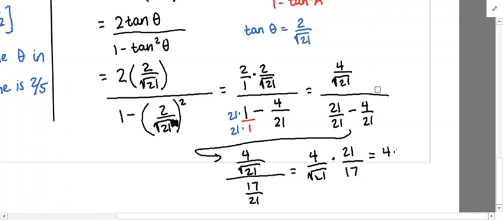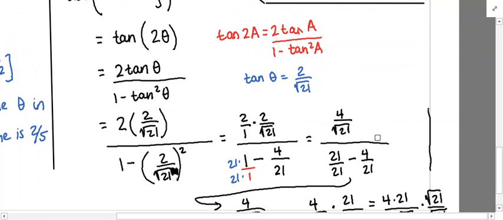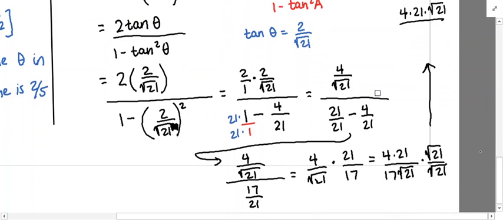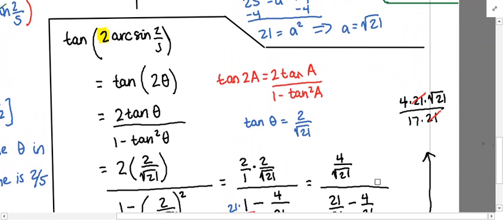We're going to get 4 times 21 over 17 times the square root of 21. We have to rationalize the denominator here. This is getting a little crazy, running out of room. This gives us 4 times 21 times the square root of 21 in the top. The bottom is going to be 17 times 21. This 21 will cancel with this 21. And so the final answer here is going to be 4 times the square root of 21 over 17.